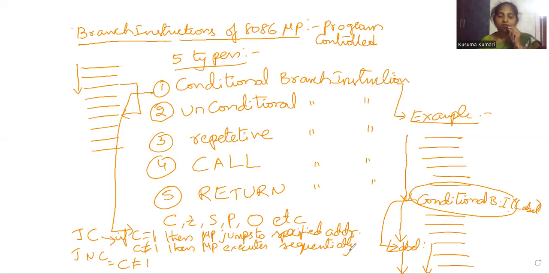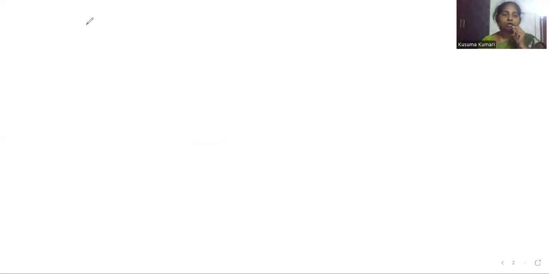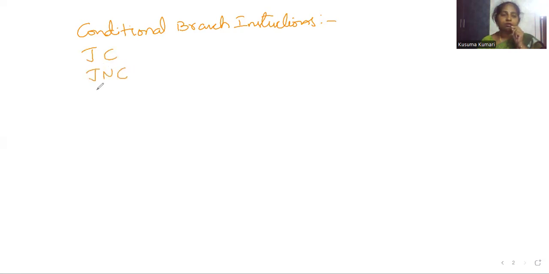Similarly, what are the other instructions? The conditional branch instructions, based on the flags, are jump on carry, jump on no carry, jump on zero, jump on no zero, jump on parity, jump on no parity, jump on overflow, and jump on no overflow.